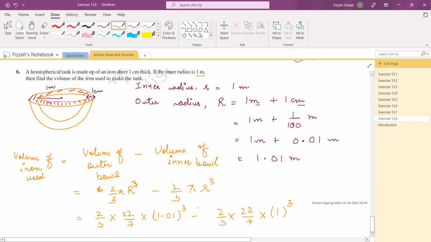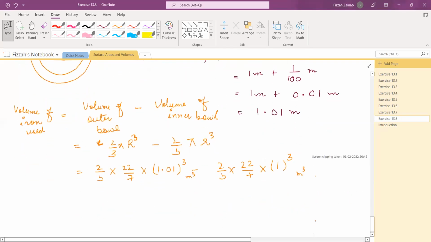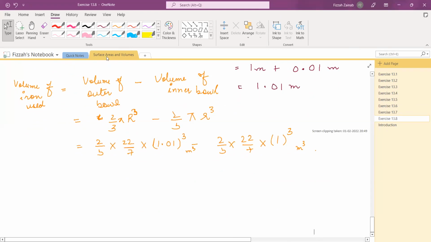Both are in meter, so this is also meter cube and this is also meter cube. So far fine? Yes, ma'am. All right. Now I can take this 2 by 3 into 22 by 7 common, and inside I'm left with 1.01 whole cube minus 1 whole cube, right? And the answer is in meter cube.